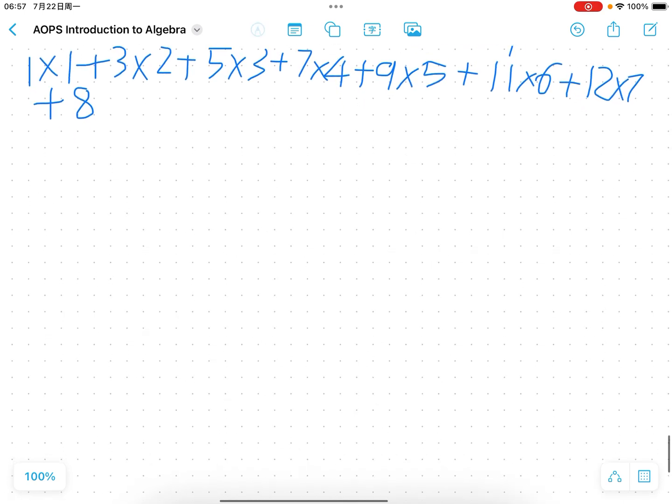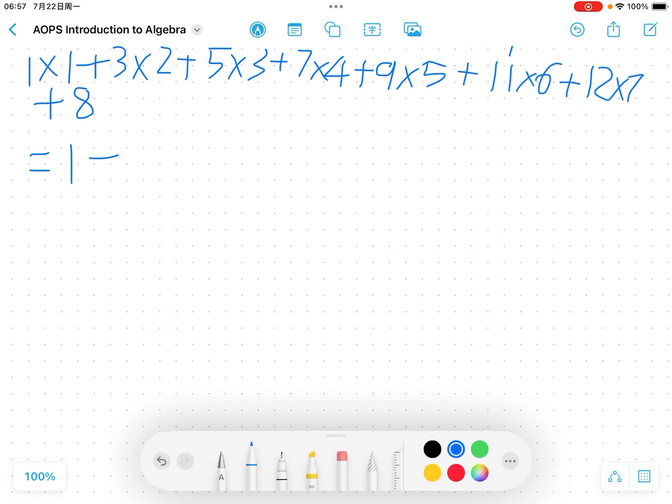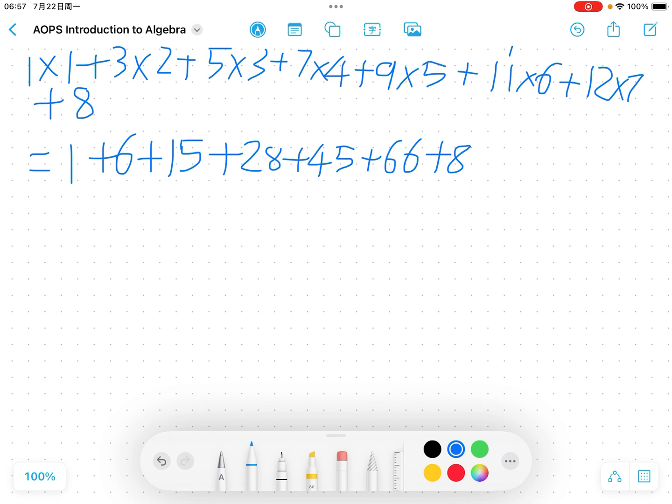So if we evaluate this expression, we'll get 1 plus 6 plus 15 plus 28 plus 45 plus 66 plus 84 plus 8. So we have 7 plus 43 plus 116 plus 92.